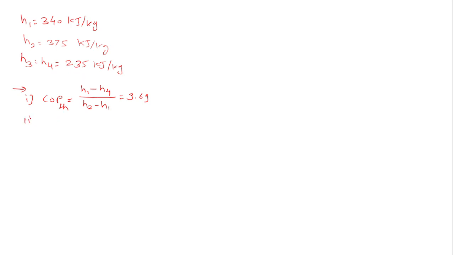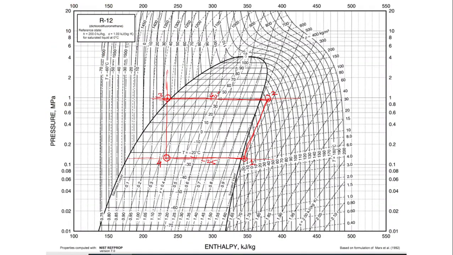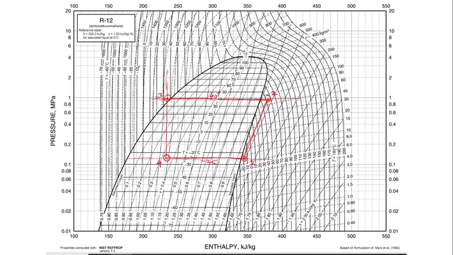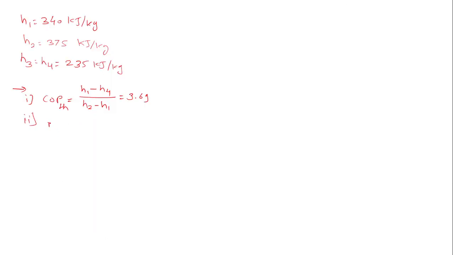Then the second one, they are asking the mass flow rate of a refrigerant per TR. Mass of refrigerant per TR. Now fine, the mass of refrigerant MR is how much? To get the mass of refrigerant, I need to have the cooling capacity.